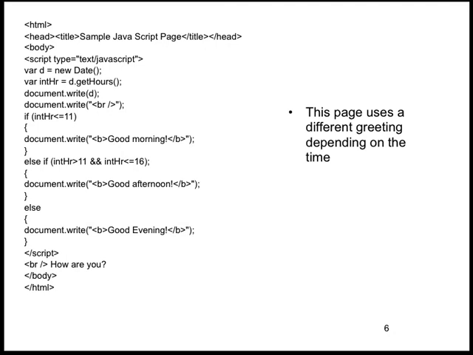Now, if we look then, we have here var int hr, which is hours, equals d dot getHours. Now this dot getHours method is extracting the hour part out of the time.